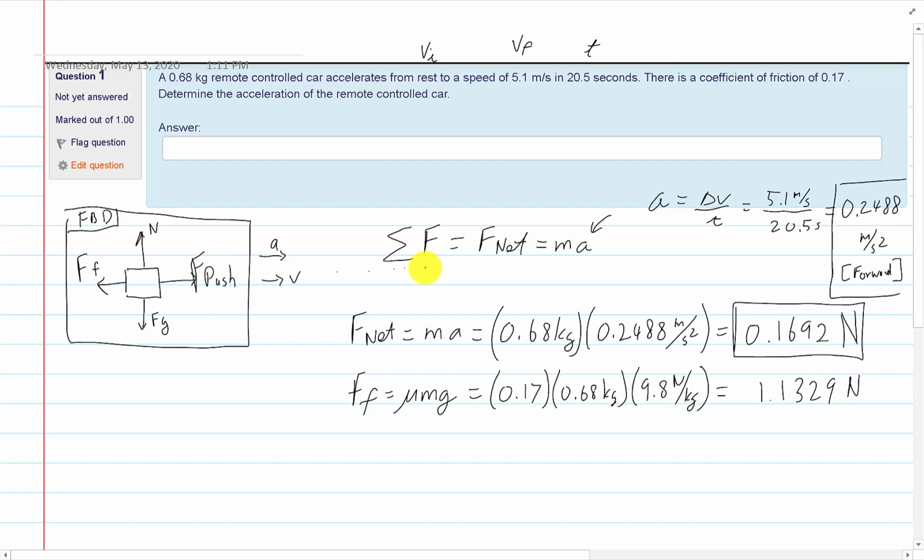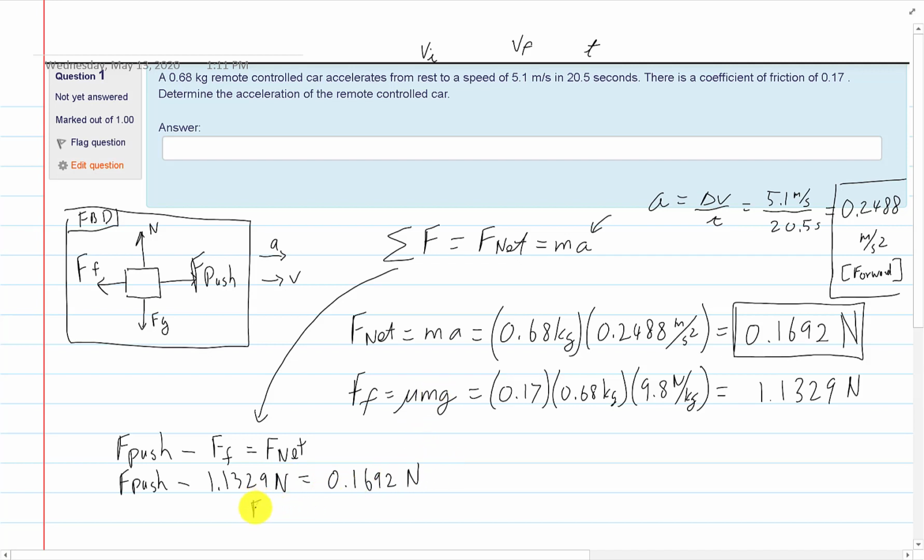So which one is winning? The push force is winning, and friction is losing. So F push minus force of friction is equal to F net. That's Newton's second law. The push force is what we're trying to find on the last question. F push minus this frictional force, 1.1329 newtons, is equal to 0.1692 newtons.